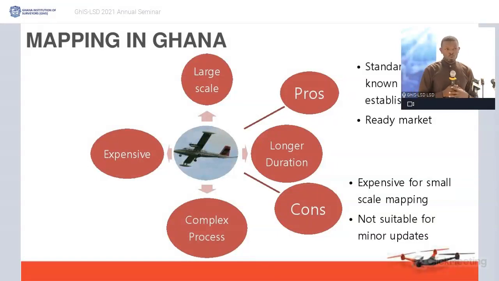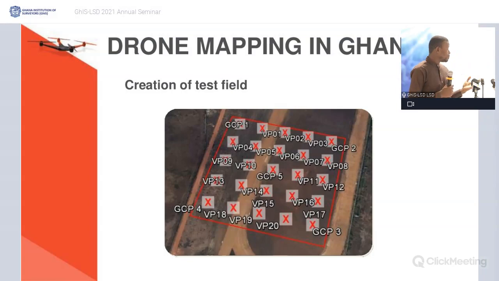And that brings me to the use of drones. This takes us to drone mapping. There's a new tool set, and at the National Mapping Agency, as the body that regulates survey, before we accept any new instrument, technology or tool for surveying or mapping, we need to test it.